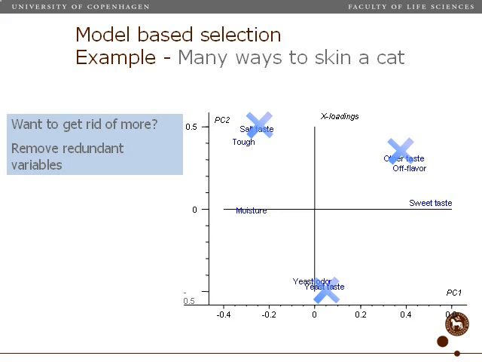Again, we have to remember that we're only looking at 2 of the components here, and if we think that we have 3 components, we also should take a look at the 3rd component before we draw any conclusions. But just from this, we can remove some of the variables because they seem to be correlated to some of the other variables, and possibly we will not improve the predictions, but we will get a simpler model if that's what we want.